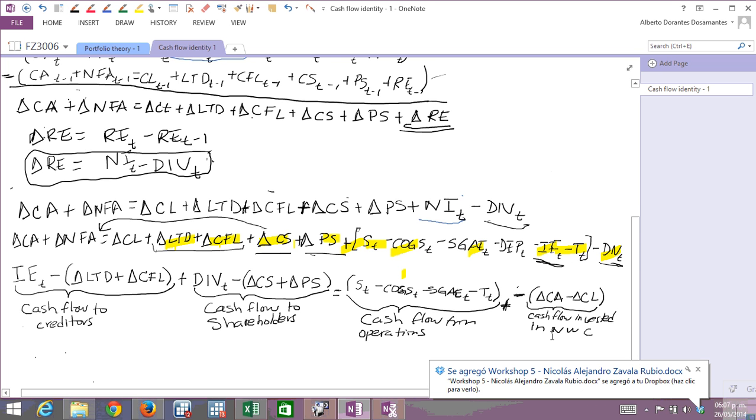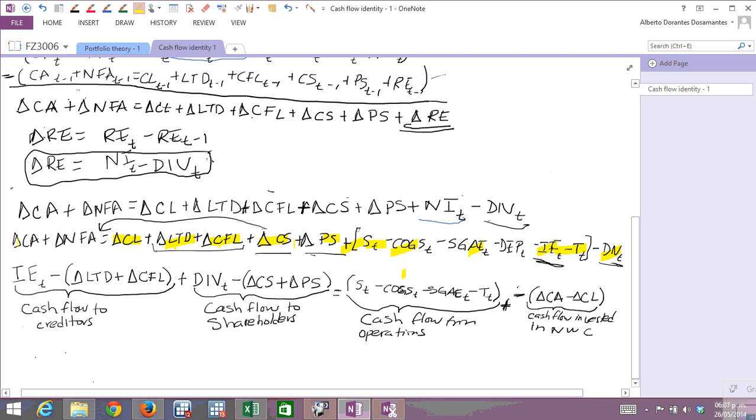Okay, then what is missing? I eliminated this, then I eliminated this, then I just end up with net fixed asset, the delta of net fixed asset, and the depreciation. That's the only thing that I am missing.